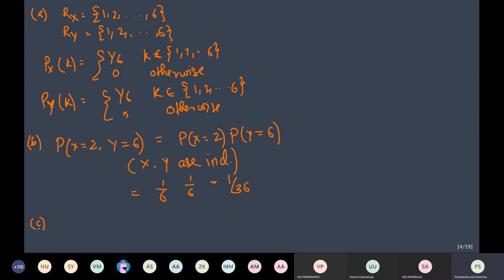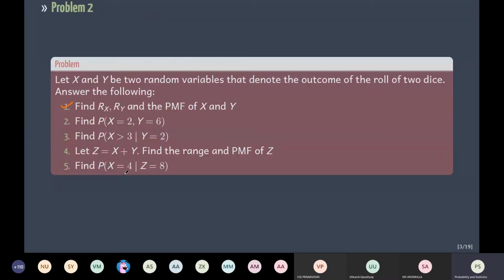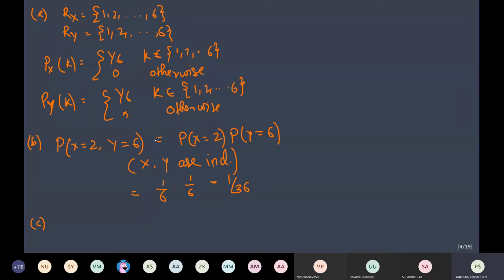Question C is to find the probability that x is greater than 3 given that y is equal to 2.